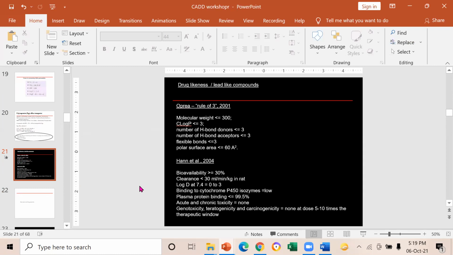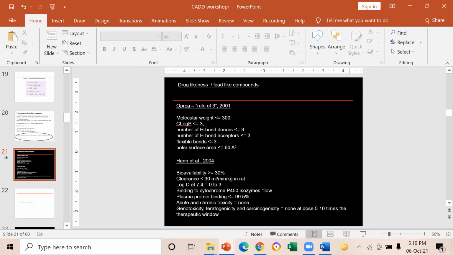So if you plan for say 1,000 molecules, you can look at all their properties and say 50 of them are bad with respect to these properties and other 50 look good. Then you can go and start synthesizing those 50. So that's the main advantage.